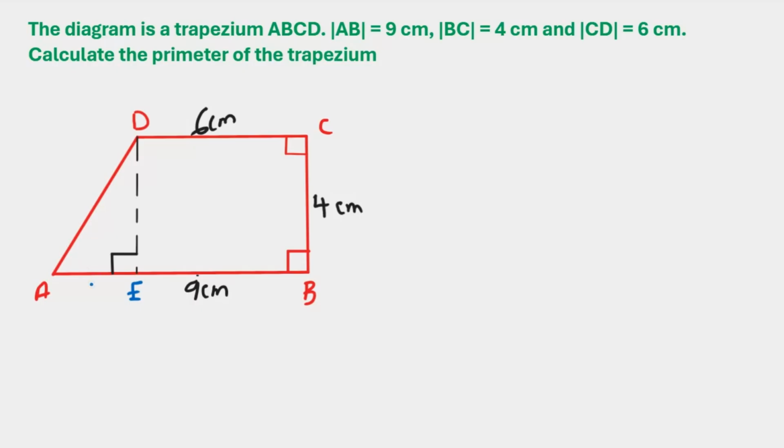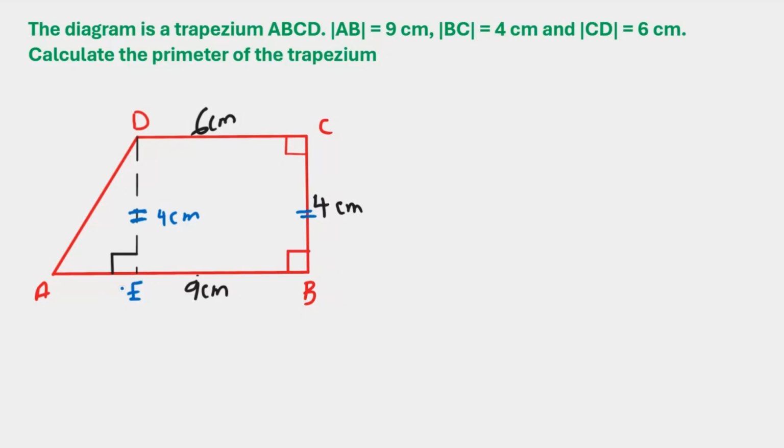Now, how do we find AD? That is what we want to find. We have to get this side and that of this side. You know that this side is equal to this side because that is a rectangle, and opposite sides are equal. So that means here is equal to 4 centimeters. We have to also get AE.